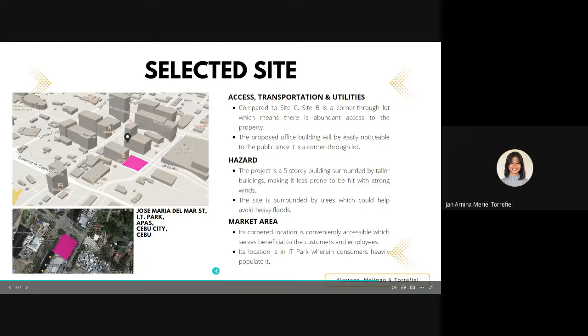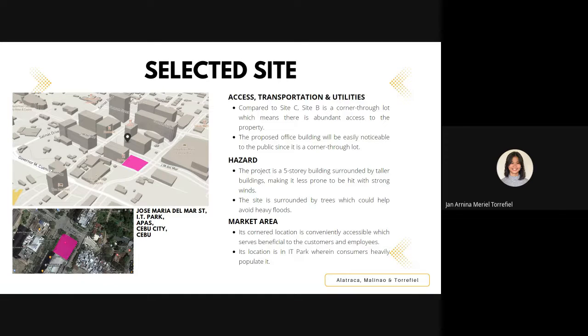Then for the market area, the cornered location is conveniently accessible, which is beneficial to the customers and employees, and its location is an IT park wherein consumers are heavily populated. That's all, sir.